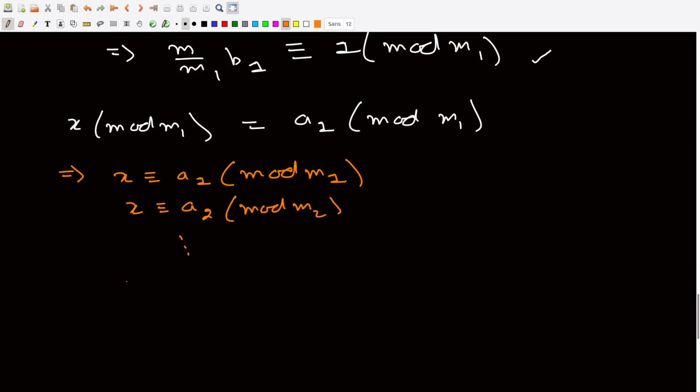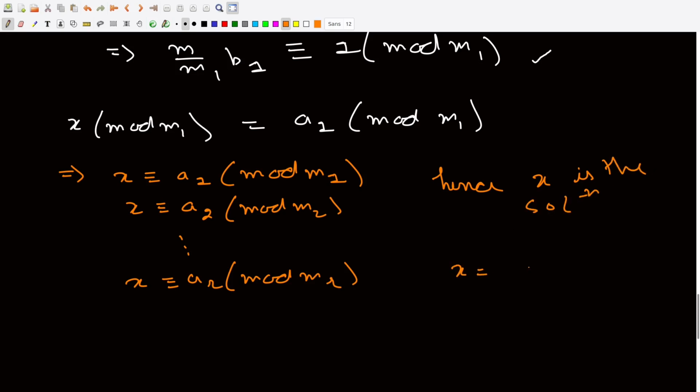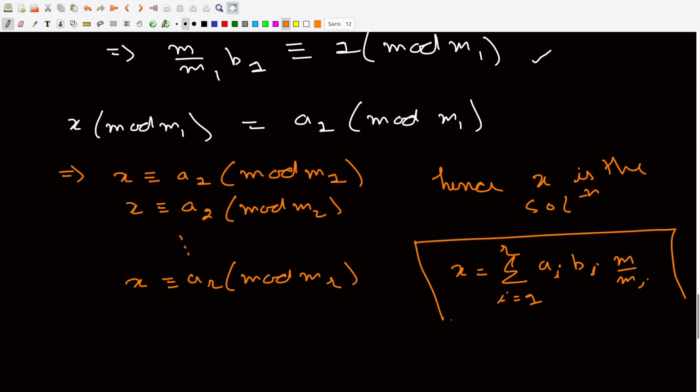Similarly, for r, this becomes mod mr. Hence x is the solution, given by x equals the summation for i equals 1 to r of ai bi m over mi, right? So this is how we prove the CRT, the Chinese Remainder Theorem.